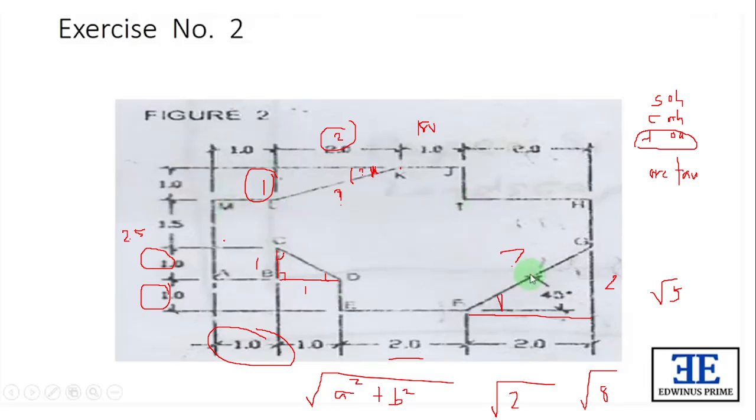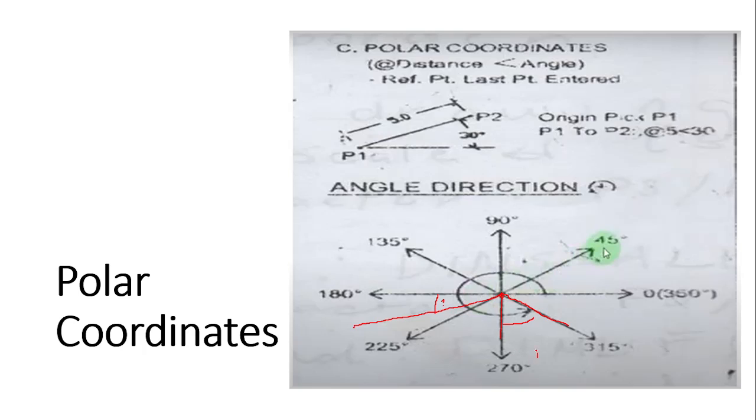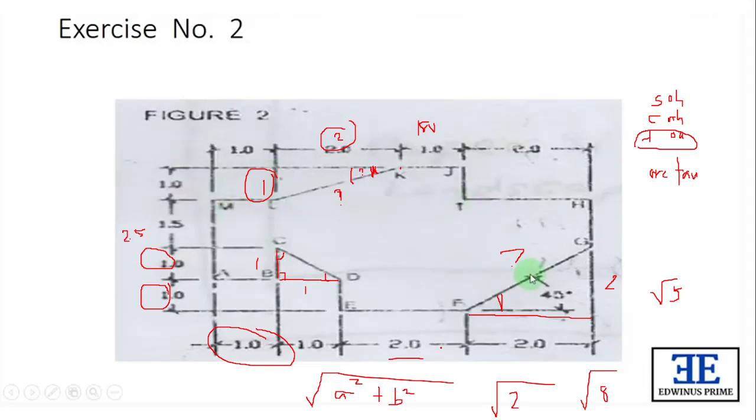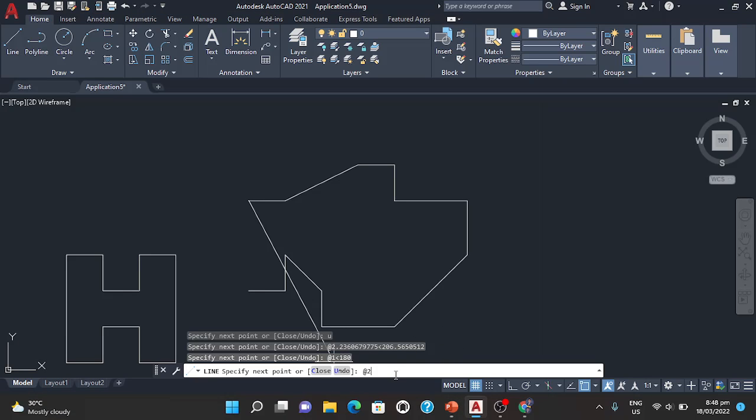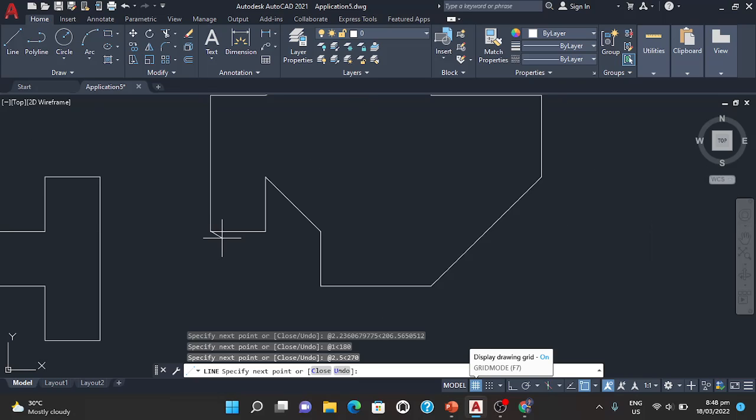Based on the line, M to A is a vertical line going down, so automatically the angle to be used is 270. So we indicate 2.5 angle 270, and automatically we close the line at exact point A.